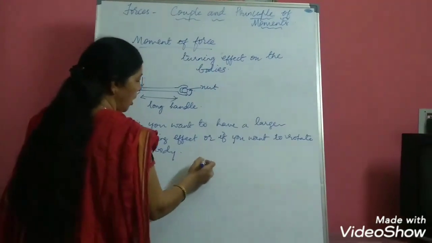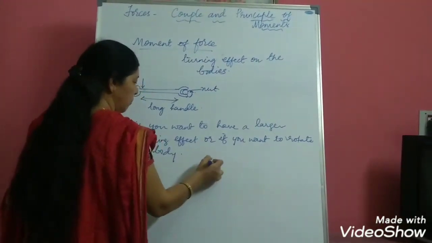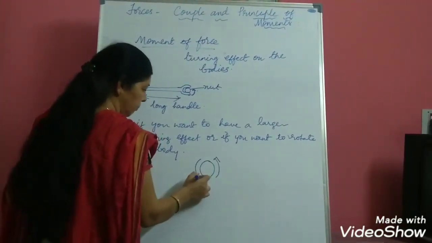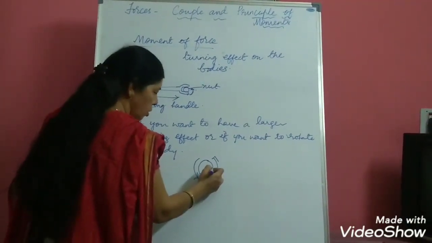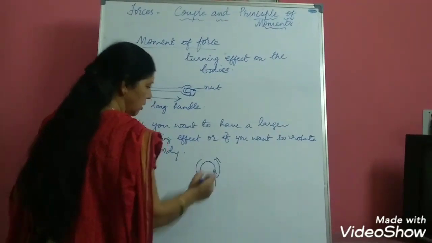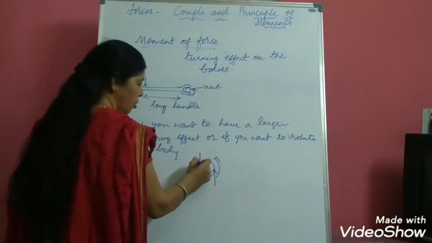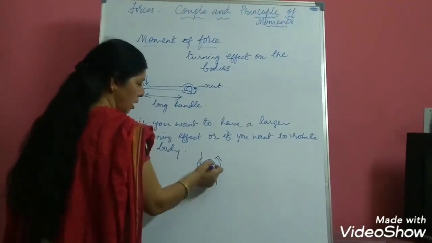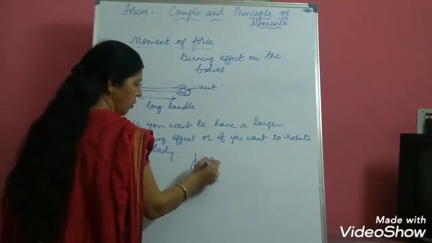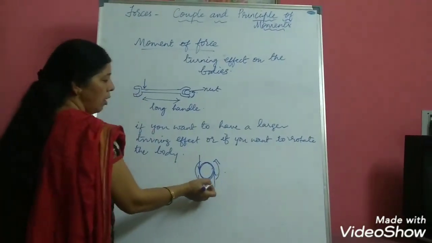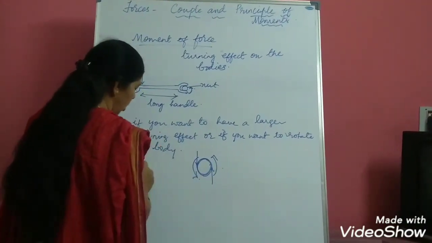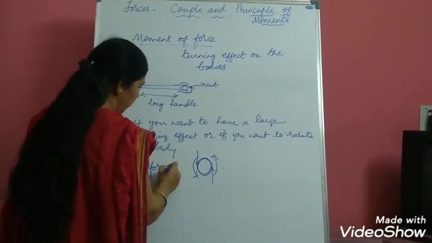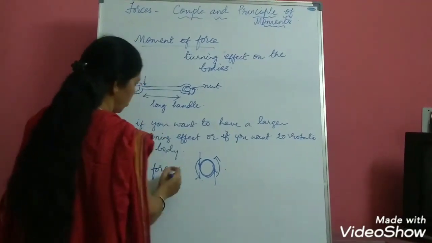Suppose the body has to be rotated fully, then you have to apply two forces. One force should act here and another force should be acting here, so that the body continues to rotate. Now, in order to have complete rotation of the body, how many forces are required? Two forces are required. And how should these two forces be?